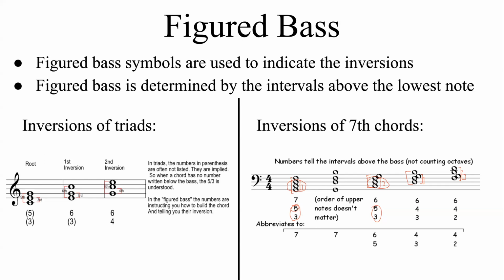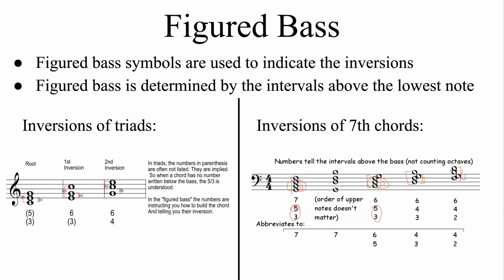Why does that number matter? Oh, because it's just a way of writing the inversion so that you actually know. In the future, you're not going to draw out the notes specifically. You're going to see something like this chord 6/5, and you're going to have to know which inversion that is.